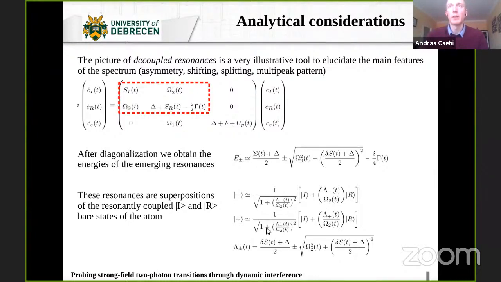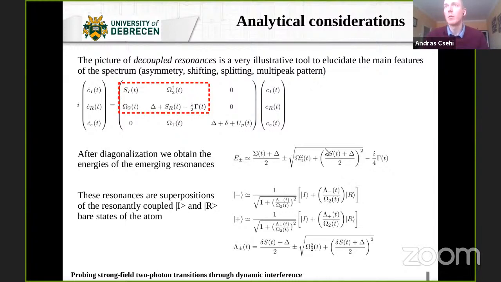And one can calculate the wave functions, and it turns out that they are also superpositions of the resonantly coupled states. These quantities here include the Stark shifts and all the strong field quantities that we are interested in. And it turns out that these expressions become very simple if there are no Stark shifts.